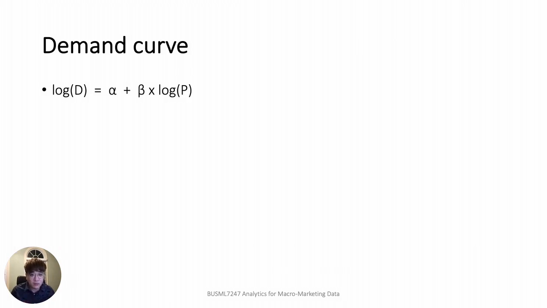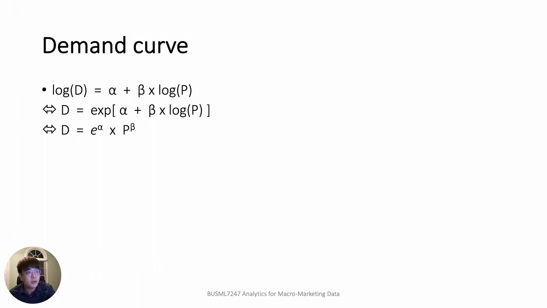Then, the simplest log-log demand model looks like this: log D is alpha plus beta times log P. Taking exp, which is the inverse of log, this equation is equivalent to D is exp of alpha plus beta times log P. By definition, this is equivalent to D is e to the alpha times P to the beta.